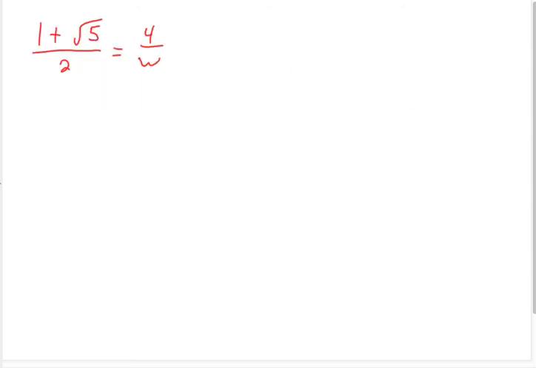And finally, we can solve proportions involving radicals. We can use cross products to multiply w times 1 plus root 5, and so we get w plus w root 5 equals 2 times 4, which is 8. And actually, now that I'm thinking about that, we don't need to do that yet.